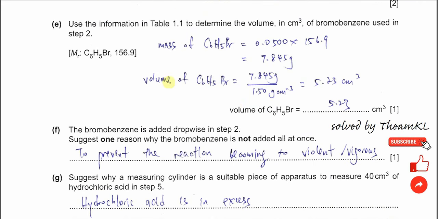Okay, part E. Use the information in table 1.1 to determine the volume in cm cube of the bromobenzene used in step 2.